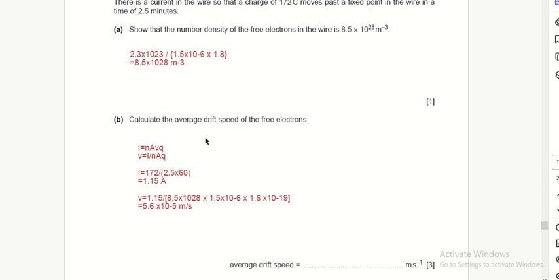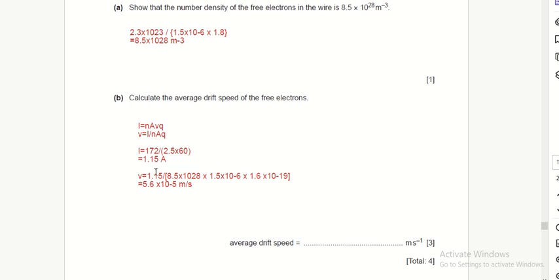After that, to get the drift speed, we will apply the relation I equals N, electron density, times A, cross section, V, the drift speed, and Q, the charge of one carrier, the electron. Rearrange: V equals I over NAQ.